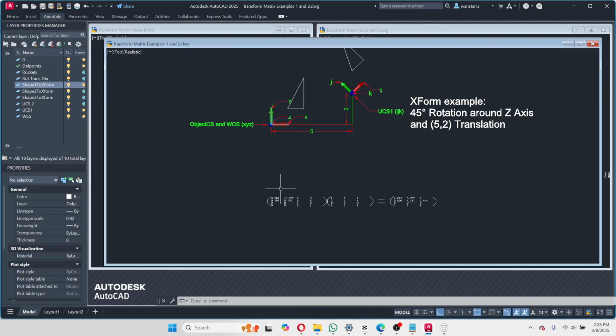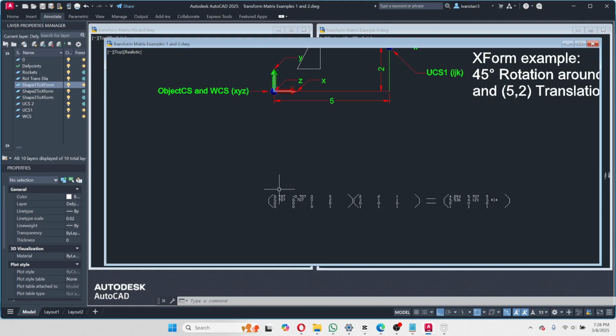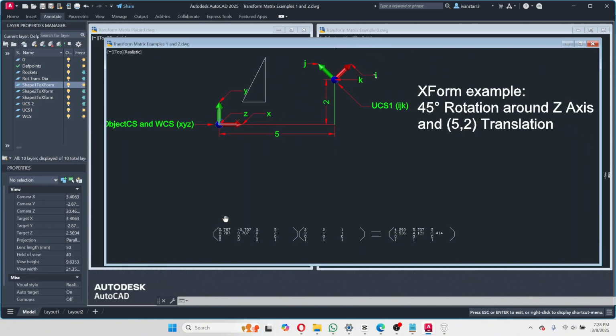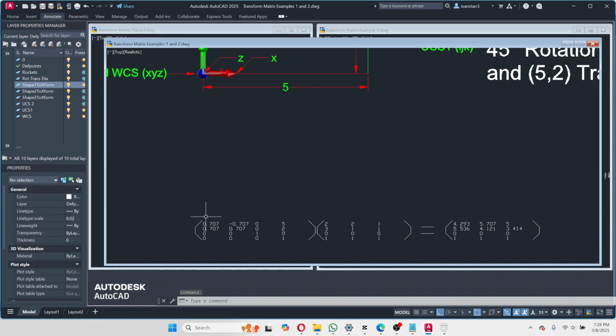And now let's take a look at the transform matrix, okay? And if you take a look up into the upper left corner of the transform matrix, what do you see there? You see the transform of a 45-degree rotation. 0.707 is the cosine of 45 degrees. And this 0.707 here is the sine of 45 degrees.